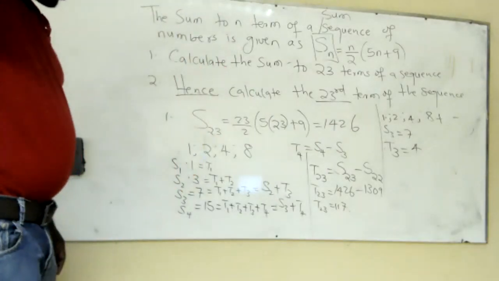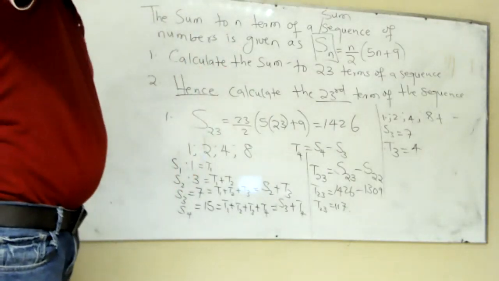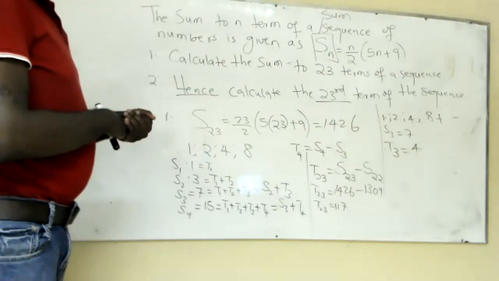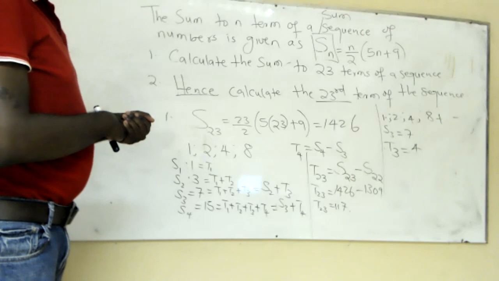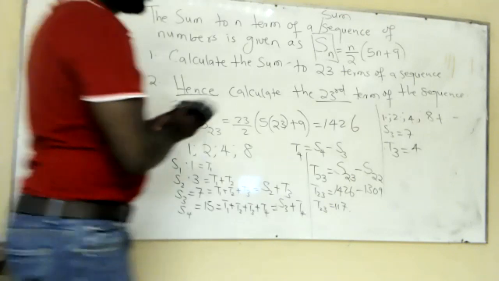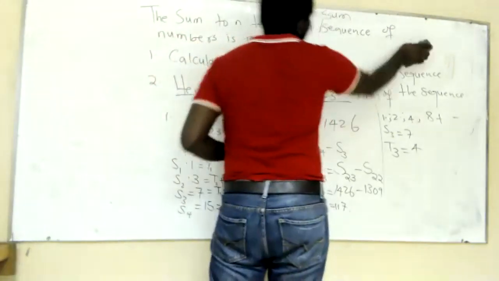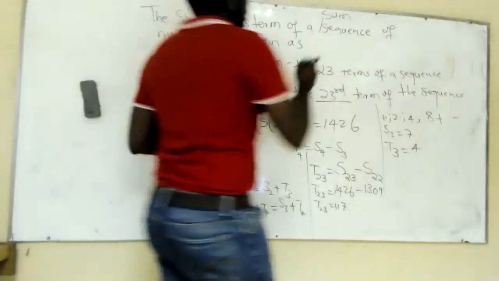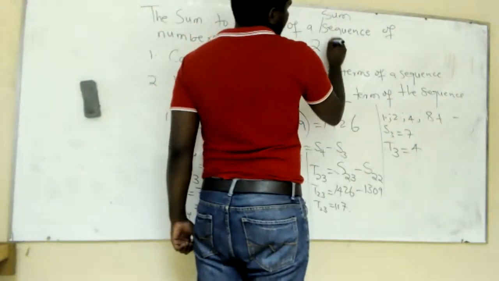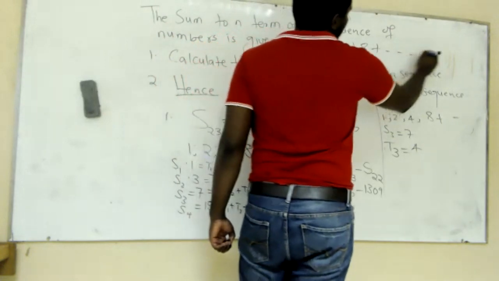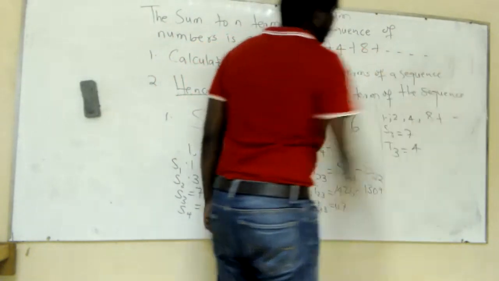Okay. Must I do the second question? But it must be different now. Let me do a different question. Instead of having a formula, we now have numbers. 2 plus 4 plus 8 plus ... up to infinity.